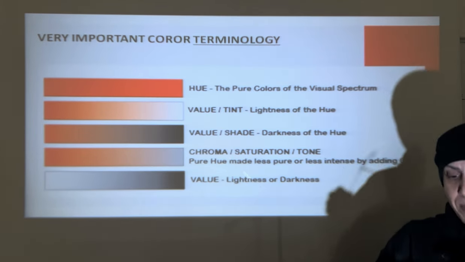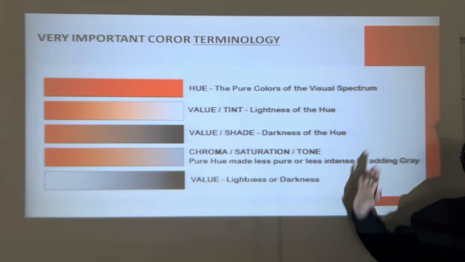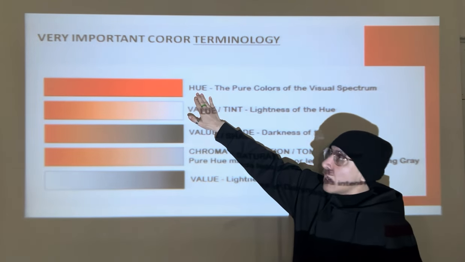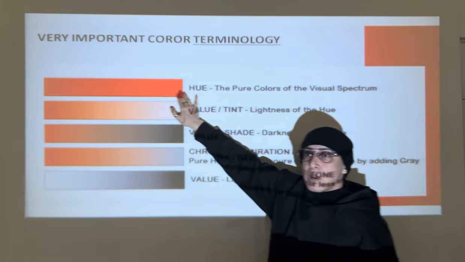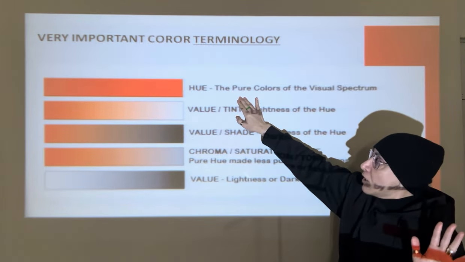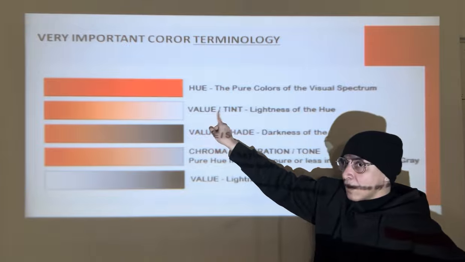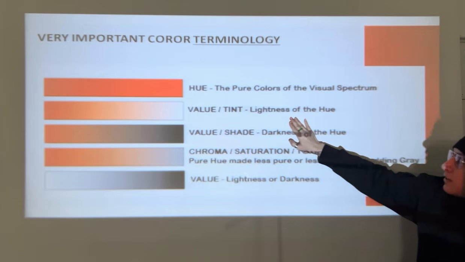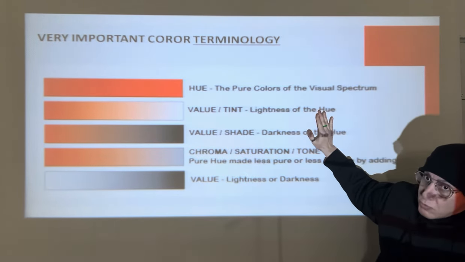Now, let's revise some of the very important terminology. Again, what is a hue? The pure color. So for example, this is a pure red, nothing mixed in it. Value or tint. Notice it's the same meaning. So the value is the lightness of the hue or darkness of the hue.